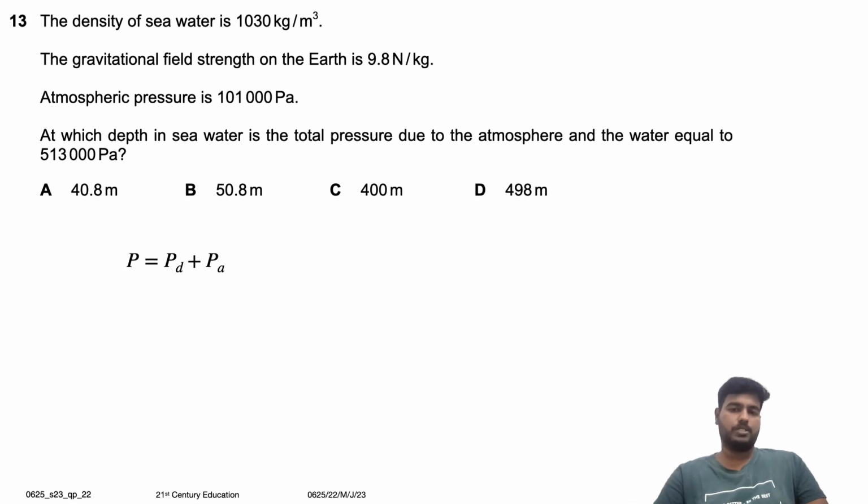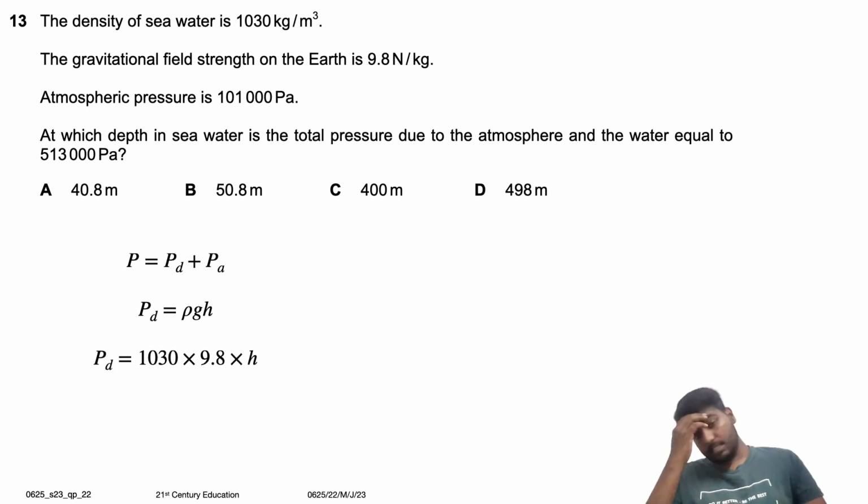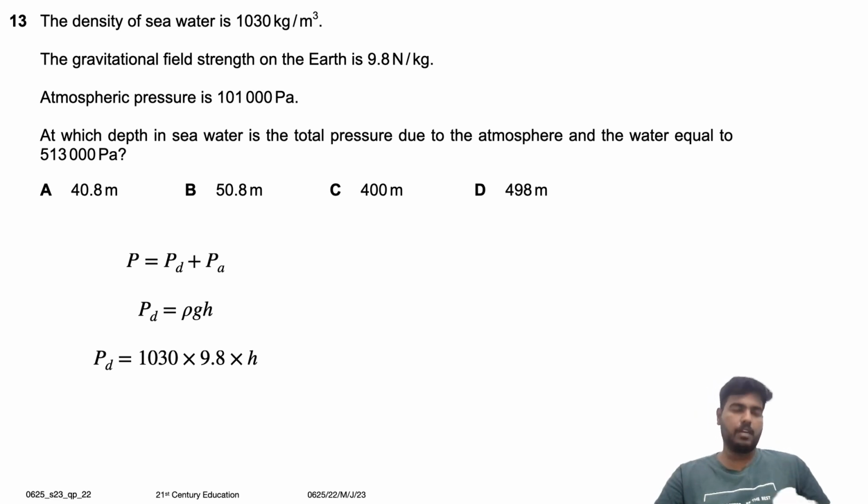PA is atmospheric pressure. We know that pressure due to depth is rho g h. So we can write this with rho as density 1030 and g as 9.8. This is h, what we have to find, the depth at which the total pressure due to the atmosphere and sea water is that value.